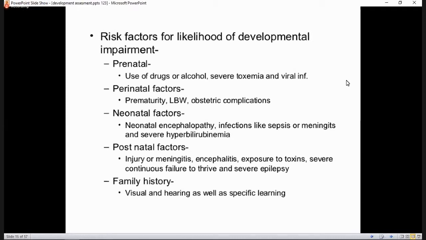In the postnatal period, again, we have meningitis, encephalitis, exposure to toxins, severe continuous failure to thrive, and severe epilepsy. If there is severe epilepsy and it is not controlled properly, there are chances that they will have some developmental impairment.